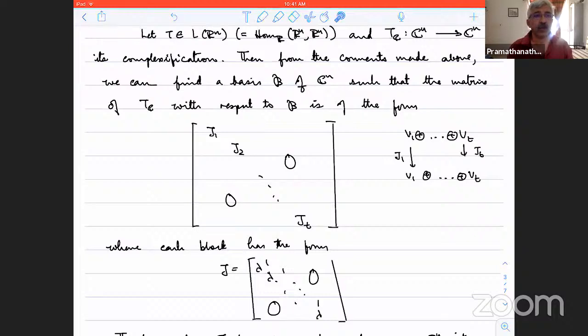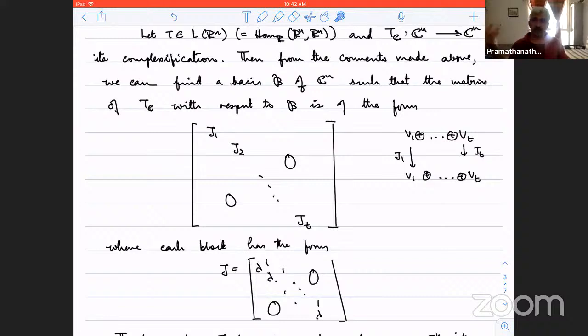Now, on this complex Jordan form, look at the complex Jordan form J1, J2, up to Jt. Let's say the first one corresponds to an eigenvalue which is not real.